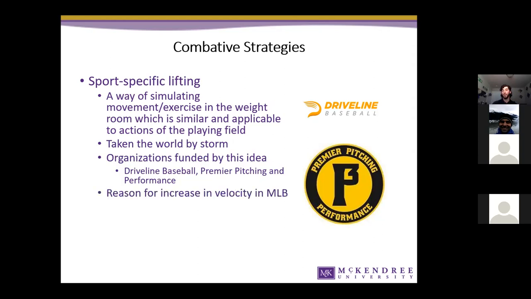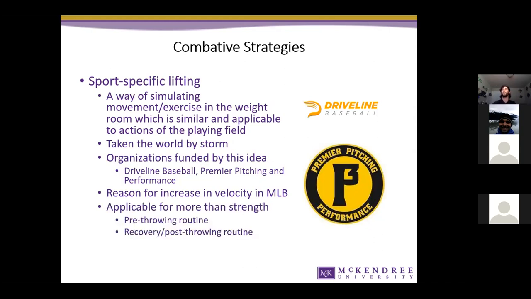It is the main reason for an increase in velocity in the Major League Baseball organization. Professional athletes obviously have the most access to the best resources. So it's totally reasonable that the trend in increase in velocity is going to just continue to skyrocket.